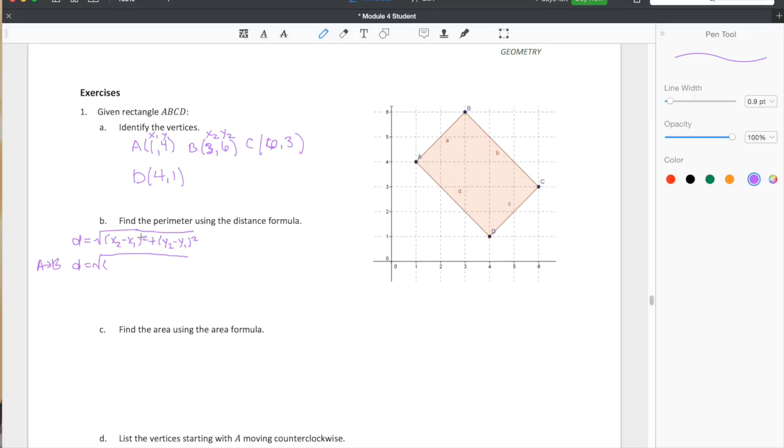So we want to subtract the x points first, so 3 minus 1 squared plus y2 minus y1 squared. So 3 minus 1 is 2 squared. 6 minus 4 is also 2 squared.